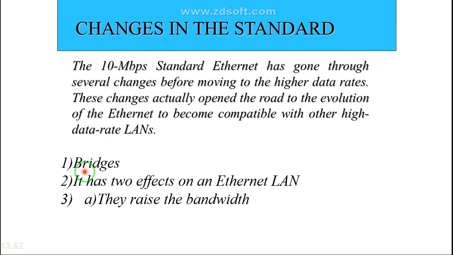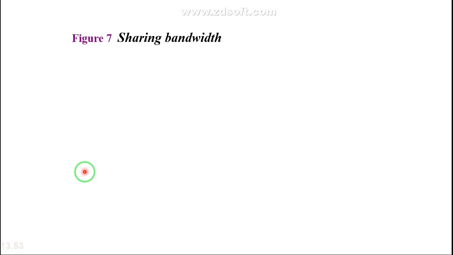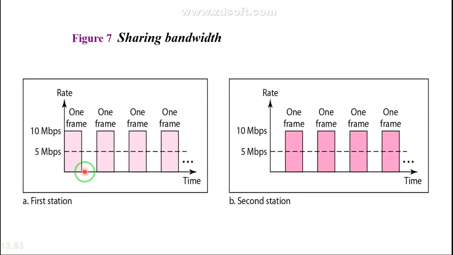First, it is going to raise the bandwidth, and second, it is going to separate collision domains. Suppose in an unbridged Ethernet network, the total capacity is 10 Mbps, which is shared among all the stations with a frame to send. So the stations share the bandwidth of the network.